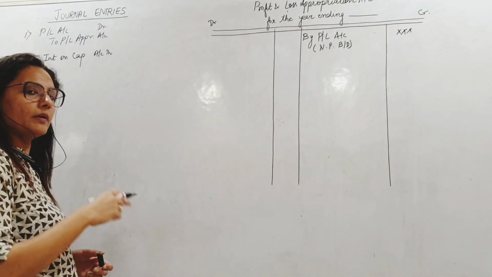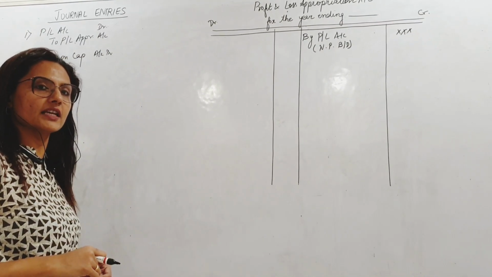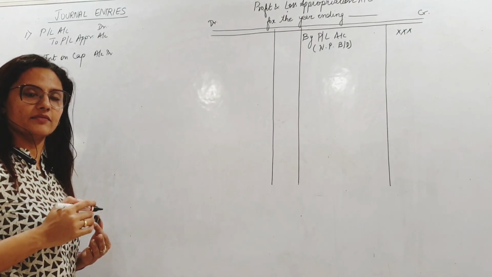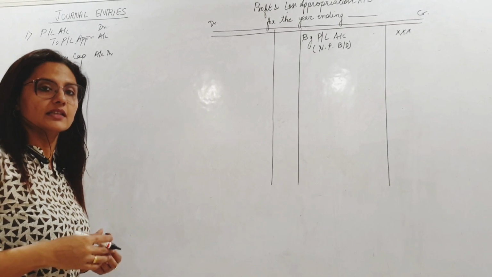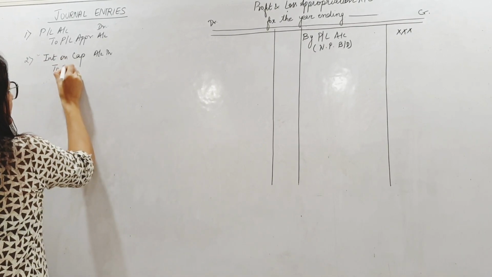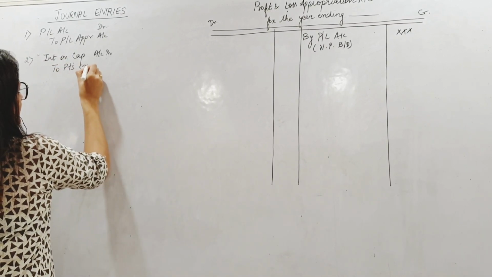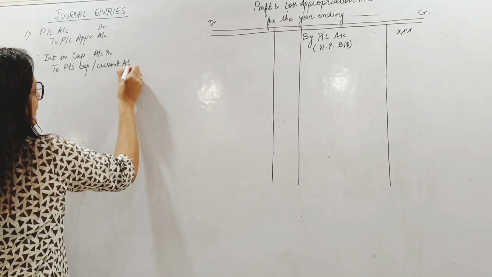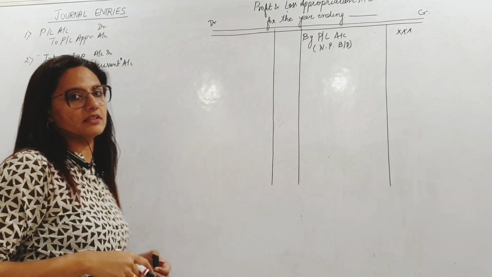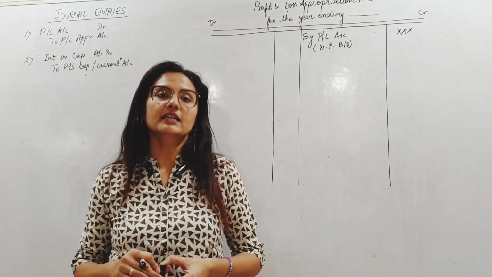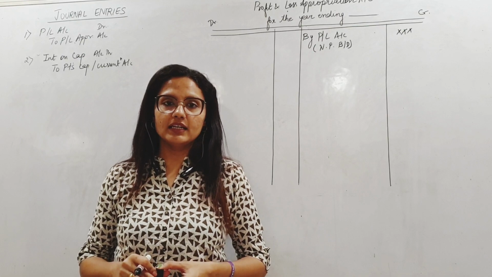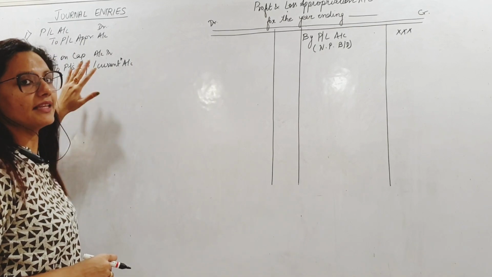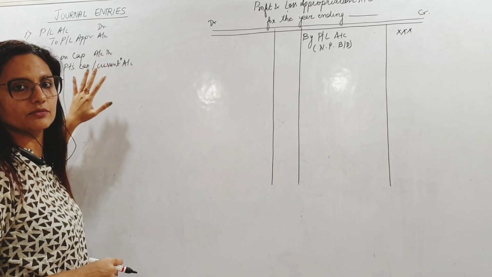Okay. And who am I supposed to give this? Who is supposed to get it? The partner. The partner's capital account will increase whenever I give him something. So here I should credit partner's capital or current account depending on which method of capital we are maintaining. If we are maintaining the fluctuating capital method, then it will go to partner's capital account, because in that method we do not have any current account.